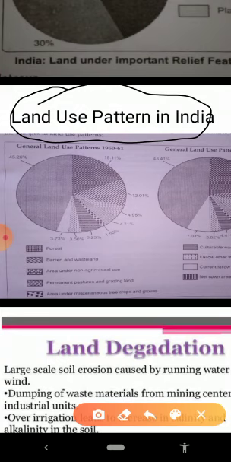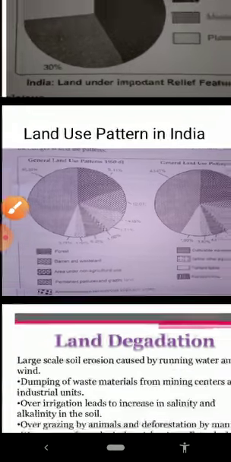So this is known as land use or the land use pattern. In other words, utilization of available land by the people of any country to fulfill their different needs or requirements is termed as land use or land use pattern.